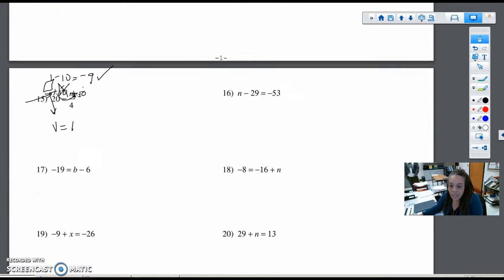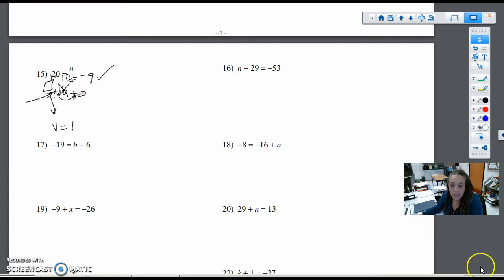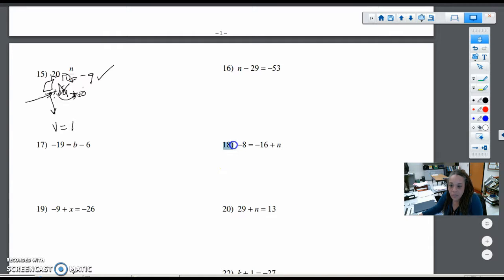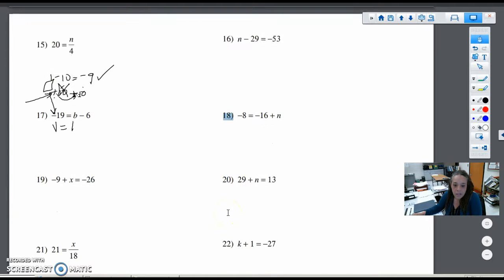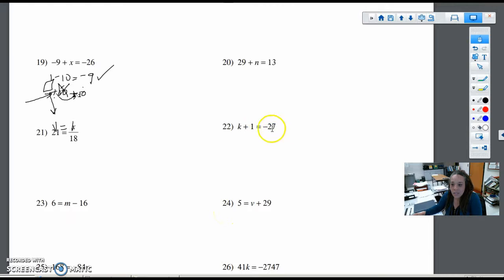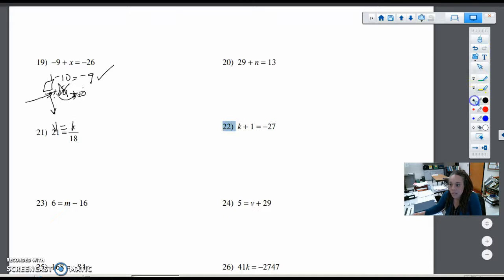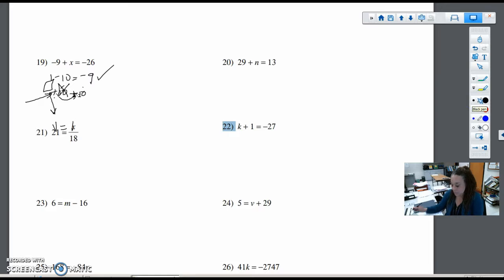So it kind of looks like all of these are going to be addition property. I'm going to use this one way down on number 18. I don't think you're going to have that one on your page. That's also going to be addition property. Yeah, lucky for you. This is the addition property on everyone. So here's the subtraction property on number 22. So I'm going to do that one quickly. You will not find any more like this on your paper.